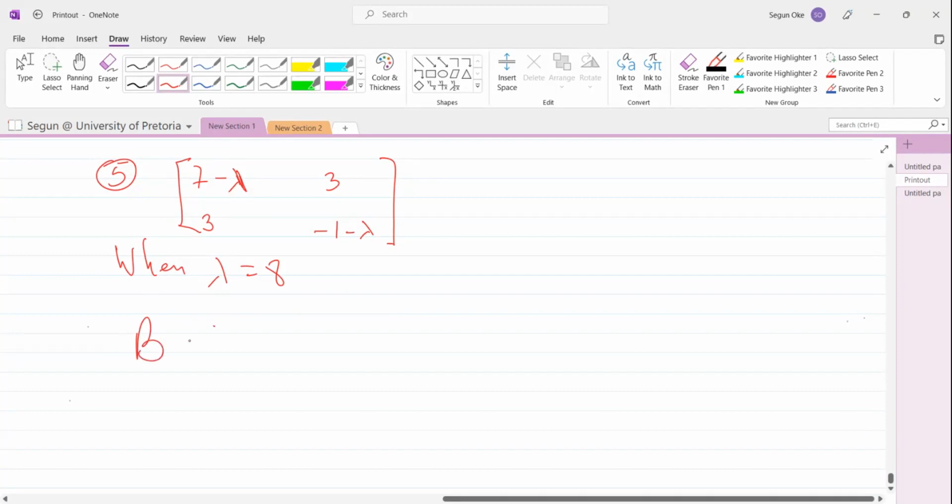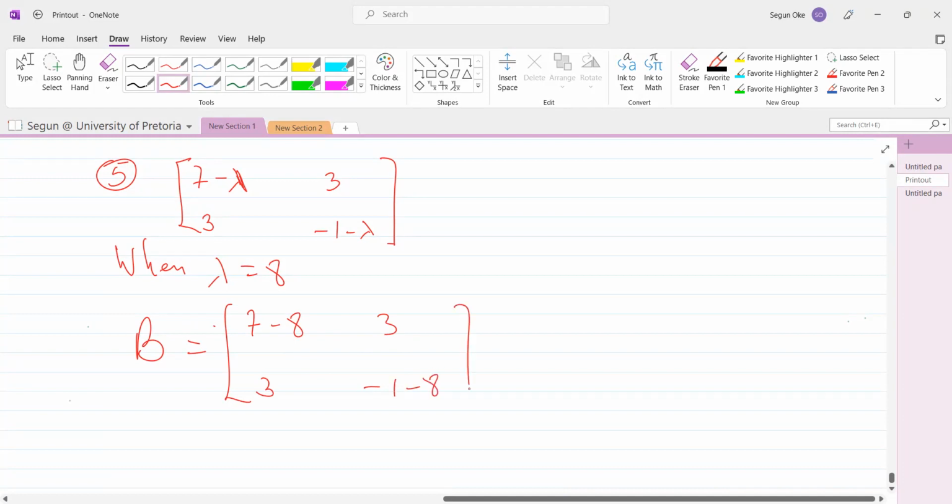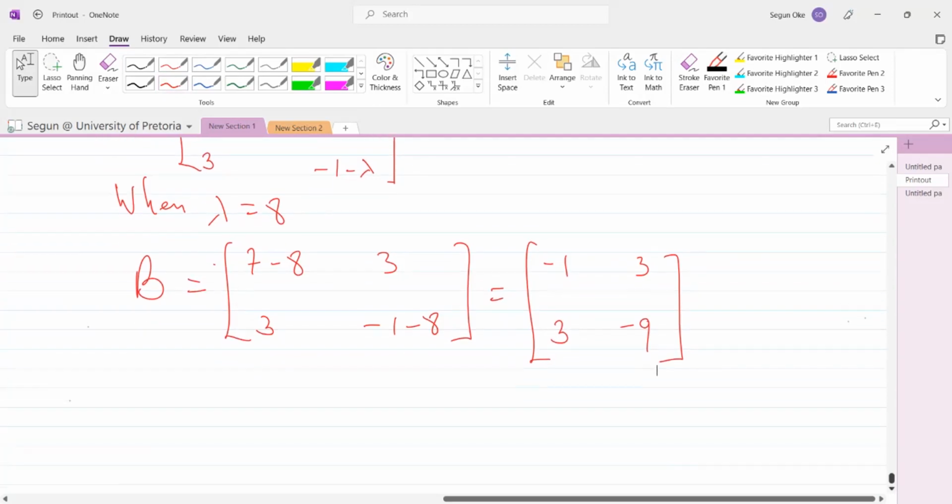Let's call this matrix B. Our matrix B will be what? 7 minus 8, 3, 3, -1 minus 8, which is going to be -1, 3, 3, -9. So don't forget, I'm not going to be mentioning matrix A again. I'll be saying matrix B, matrix B.